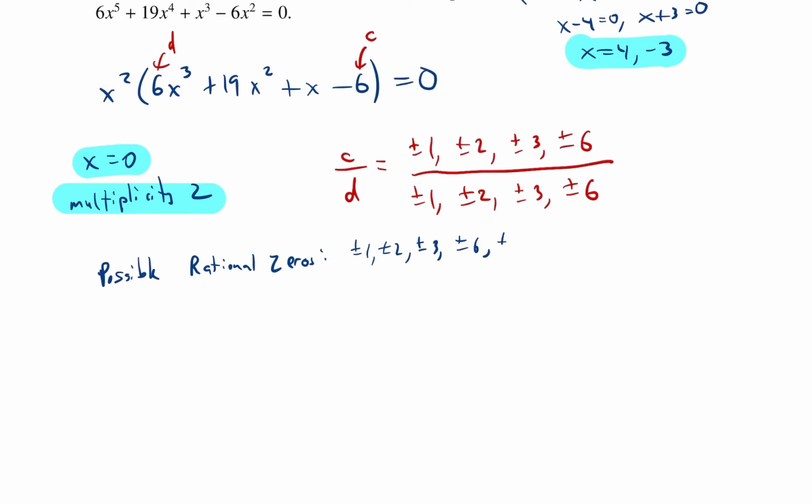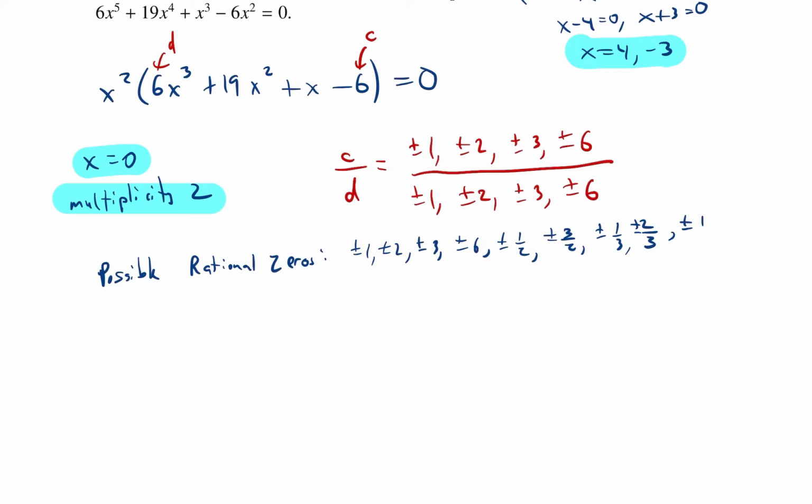All right, now let's move over to 2. So divide all of these by 2, you'll get plus or minus 1/2, plus or minus 1, which is already there, plus or minus 3/2, and then plus or minus 6/2 is 3, which we already have. All right, now we move to the next one, 3. So 1/3, 2/3, and then 3/3, which we already have as 1, and then 6/3 we already have as 2.